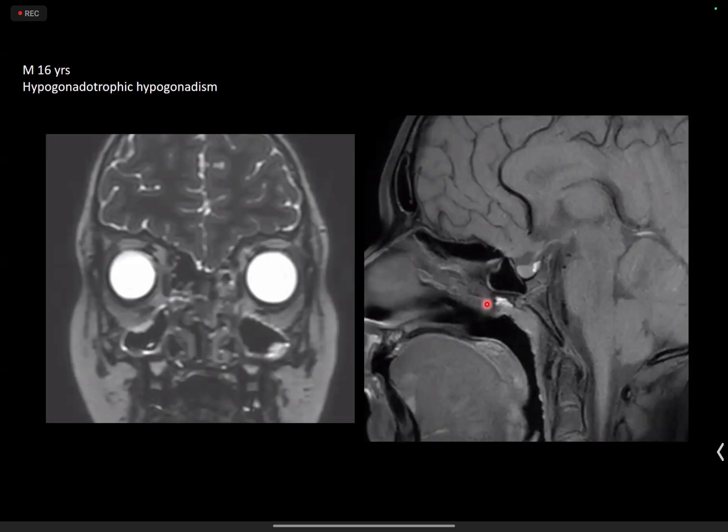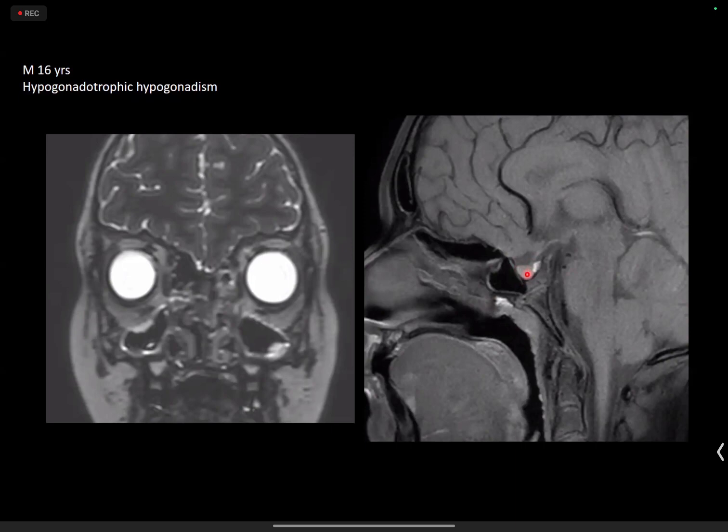This is the last case. This is a patient with hypogonadotropic hypogonadism who came for MRI. What are the findings? Ma'am, on the sagittal image, the posterior pituitary white spot is normal. The infundibulum and adenohypophysis height appear normal.